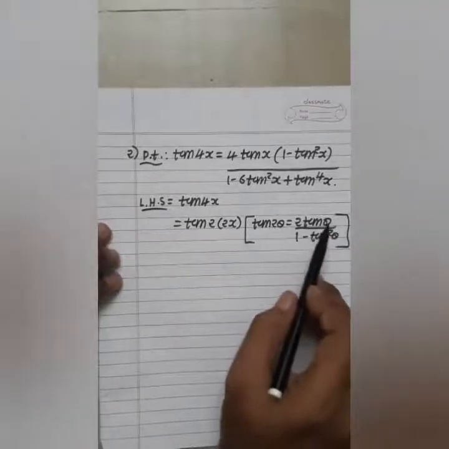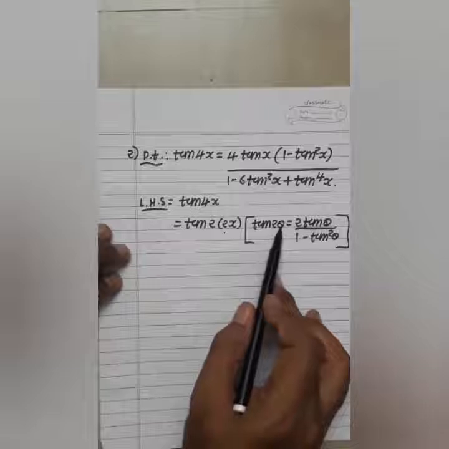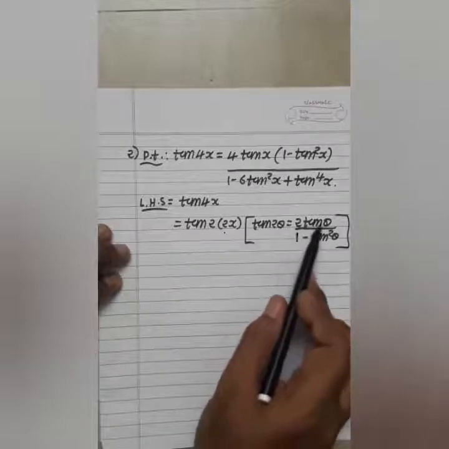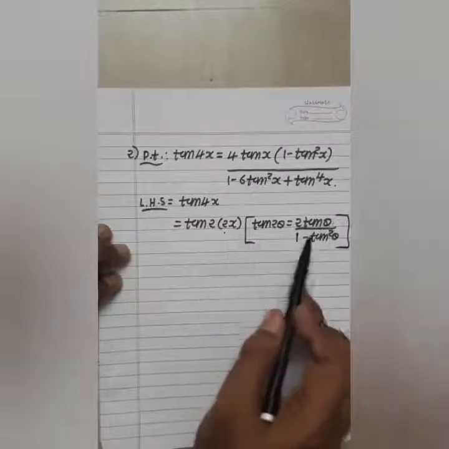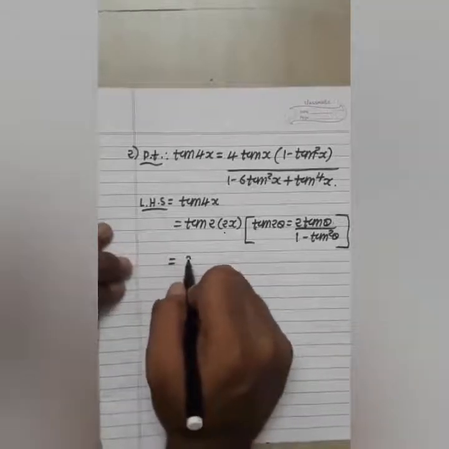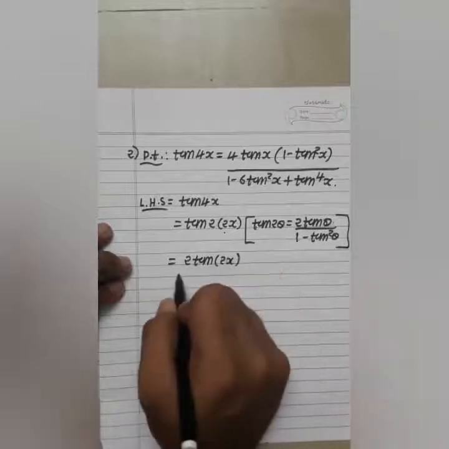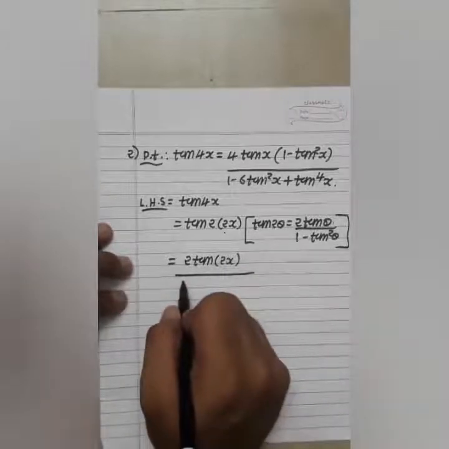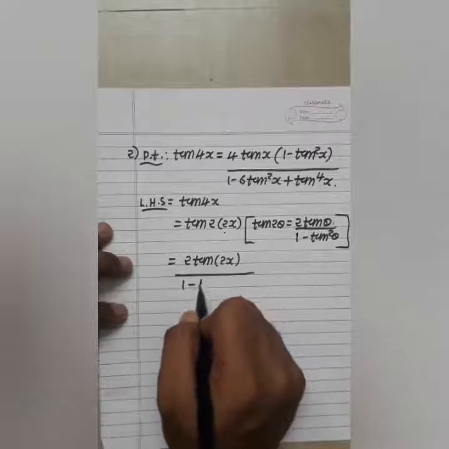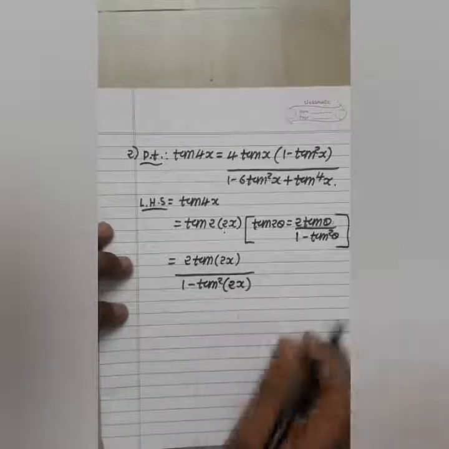So now here in place of theta consider 2x. So substitute the value: 2 times tan theta, in place of theta 2x, upon 1 minus tan square theta, in place of theta write 2x.